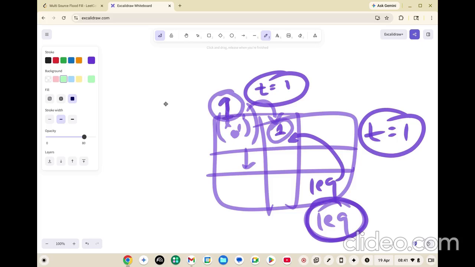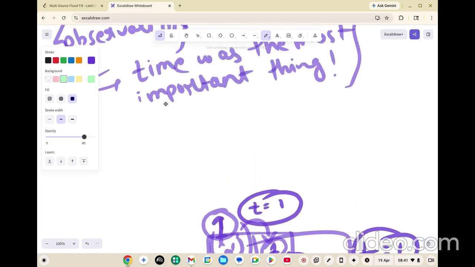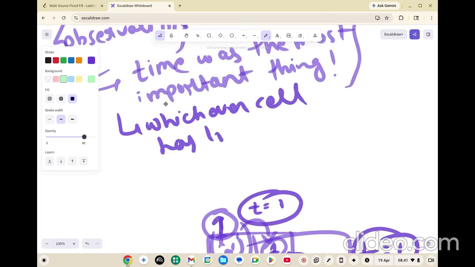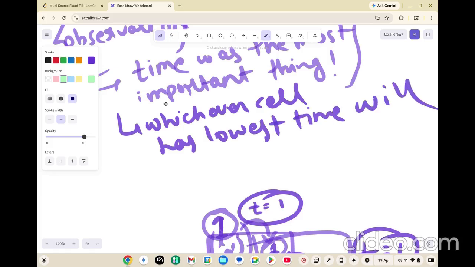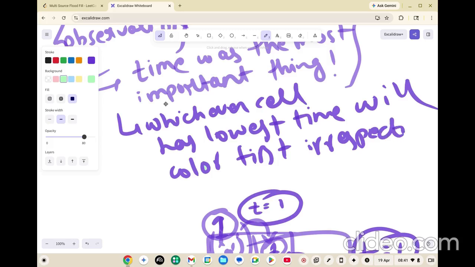Whichever cell has the lowest time will color first, irrespective of value, right? So time is the first thing.